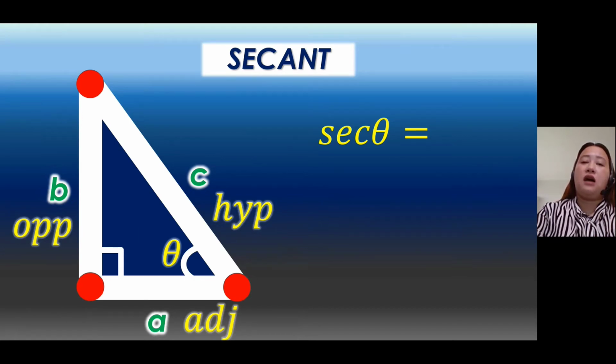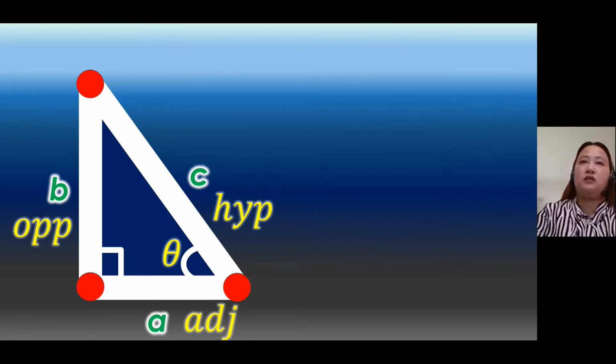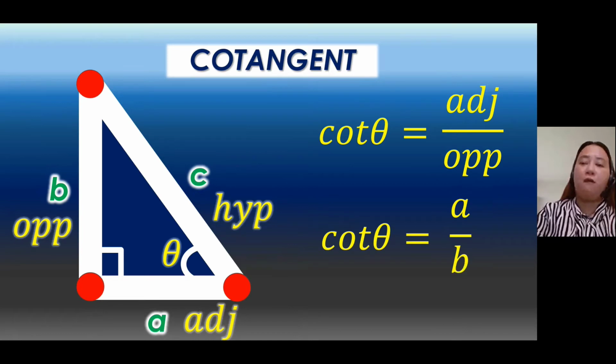If cosine theta is adjacent over the hypotenuse, the reciprocal is hypotenuse over adjacent, which is secant theta. Then we have the last one, the reciprocal of tangent, which is cotangent. If tangent is opposite over adjacent, then cotangent as its reciprocal will be adjacent over the opposite.